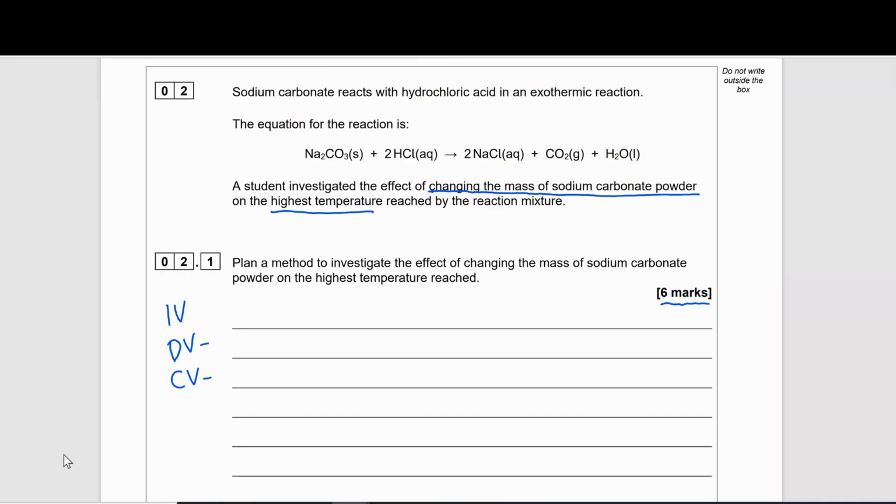So reading the information just here, below the equation, and again reinforced in the question, we're able to figure out what our independent variable is. So that word change is helping us figure out the independent variable. So that will be the mass of sodium carbonate powder.